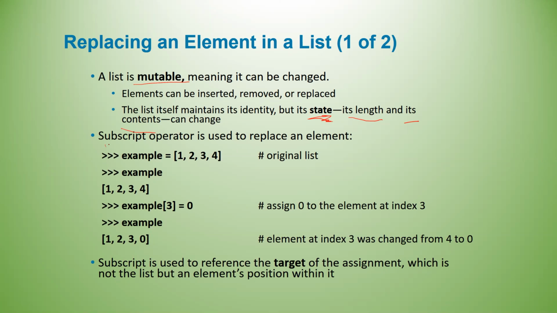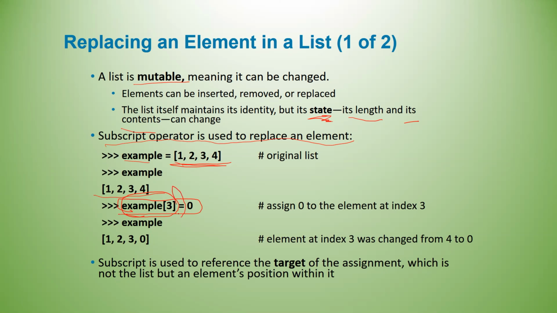So the subscript operator is used to replace an element. Example: this is a list, the original list, and if you print it out, that's the list. Now we are changing it. Remember, this is the element you are going to change, on the left-hand side.